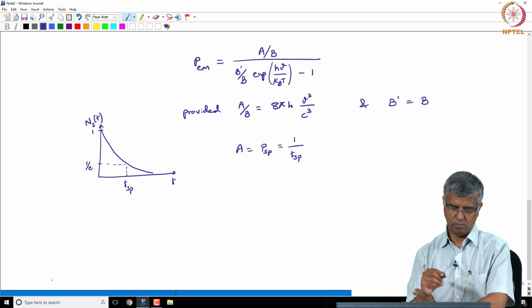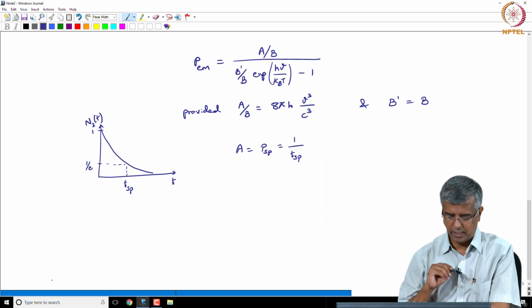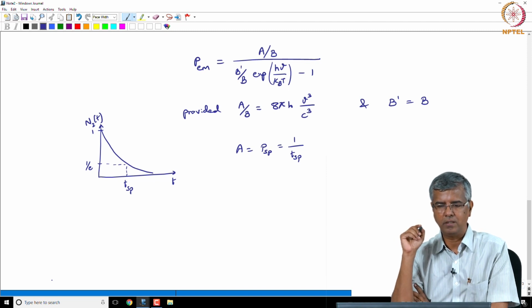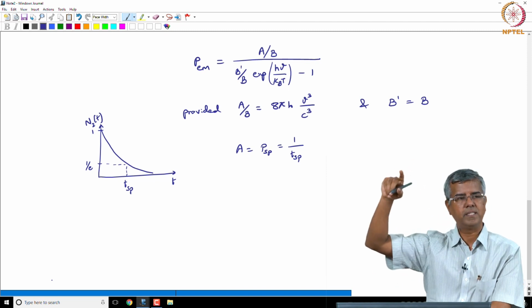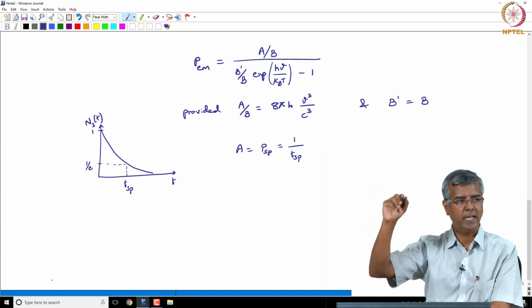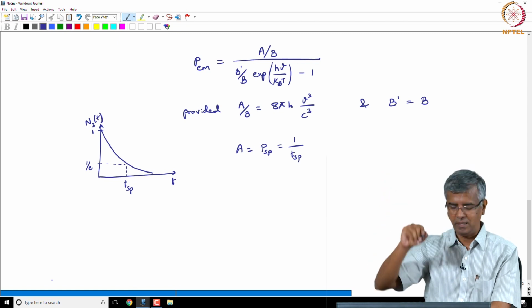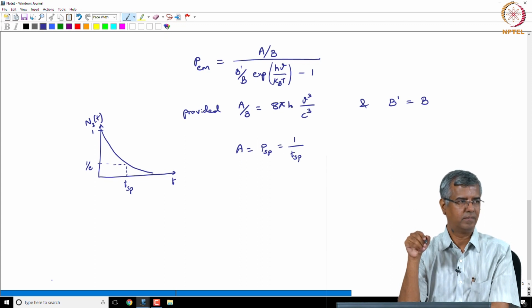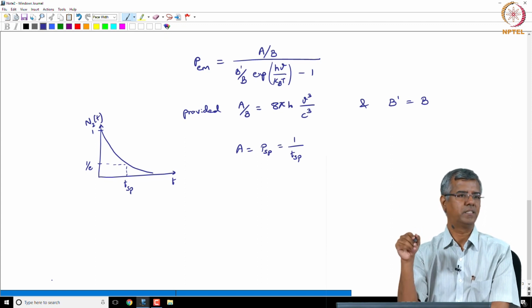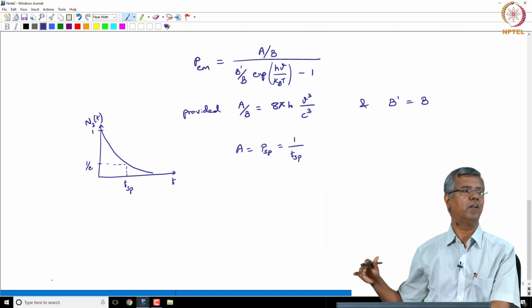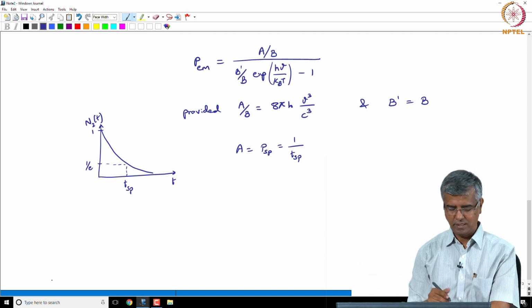So, once again, like I was mentioning last week, when people think about spontaneous lifetime, they think that this atom gets excited, goes to that higher energy level, and that specific electron which goes to the higher energy level spends this specific time and then it gets emitted. No, that is the wrong picture, right. It is not like it spends that much time and gets emitted, it gets emitted all along. That is what this means.